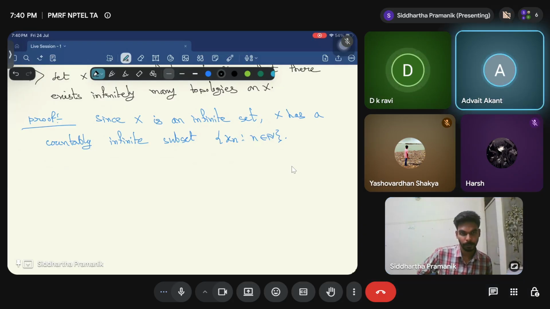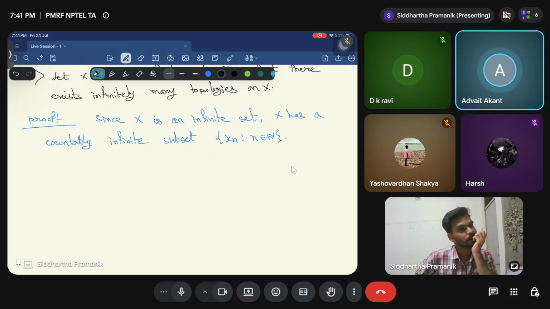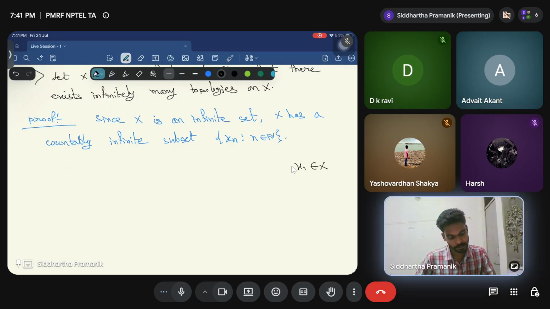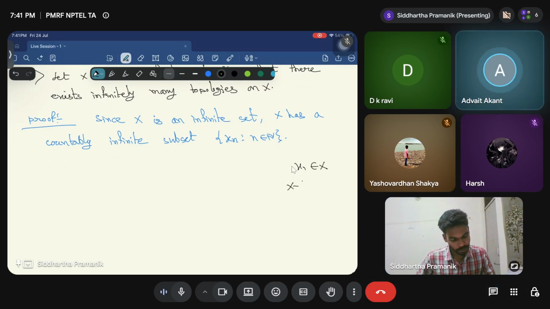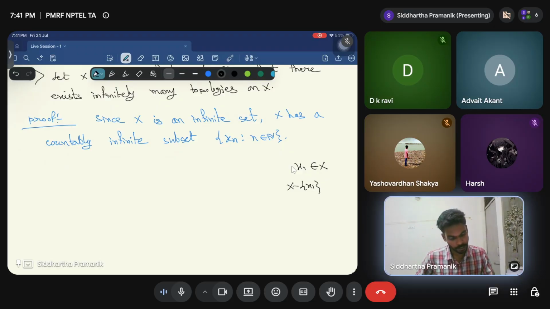Sir, since it is infinite, it is non-empty, so we can choose an element. Yes, exactly. So you take x1 from X. Then remove x1 from X, and this is still infinite. So you can take x2 from this. So you got x1 and x2.